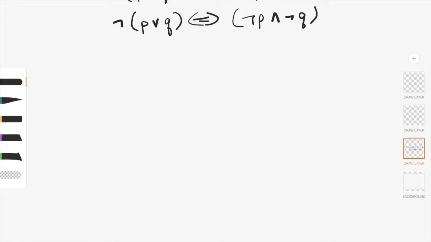The first is the negation of a conjunction is logically equivalent to the disjunction of two negations. And predictably, you've got another version, which is the negation of a disjunction is logically equivalent to the conjunction of two negations.